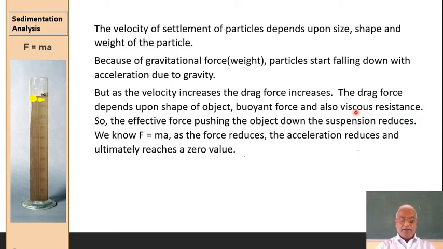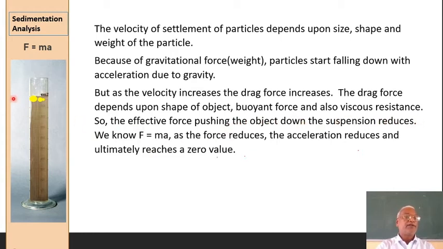So for falling objects, there will be a drag force which depends upon the shape of the object, the buoyant force, and also viscous resistance. These are the factors affecting the resistive force, right? So the effective force pushing the object down the suspension reduces.